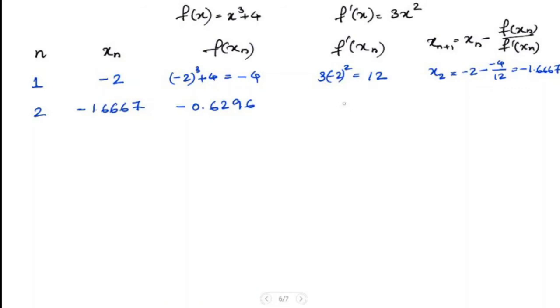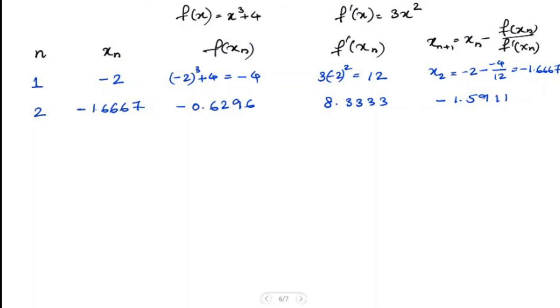The first derivative with the x2 value is 8.3333. Then if we put it inside our formula for Newton's method, we'll get the value -1.5911.